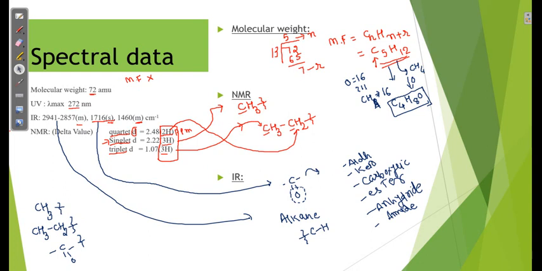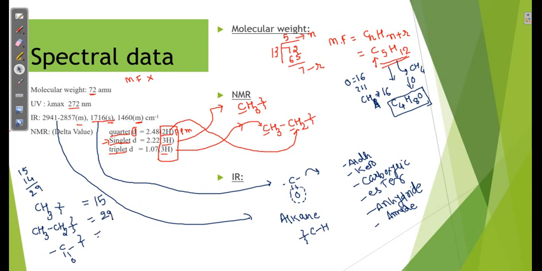Let us check the mass of this. The mass of CH3 is 12 plus 3, that is 15. Then CH2 is 12 plus 2, 14. Together we are getting 29.